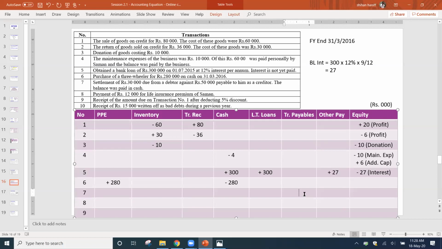We set off against his debtor balance. So trade payables will be minus 50,000, and trade receivable will be minus 30,000. Cash will be minus 20,000. Debtor and the creditor is the same person. Let's say Mr. Pereira.